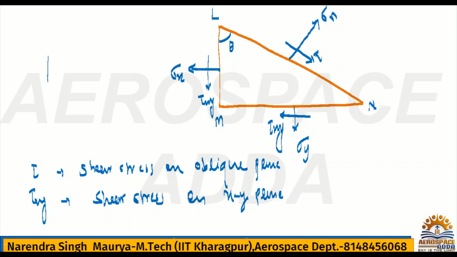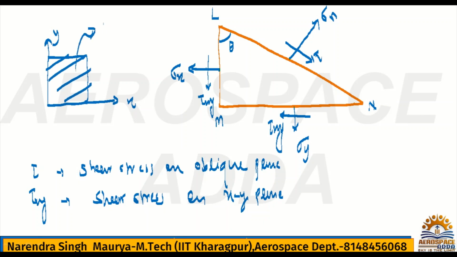Where is the plane? If you see the complete object, so this is the complete object here, and this is nothing but x, and this is nothing but y. So this plane is nothing but xy plane, okay. So on this xy plane stress is tau xy, and oblique plane is nothing but ln, okay.